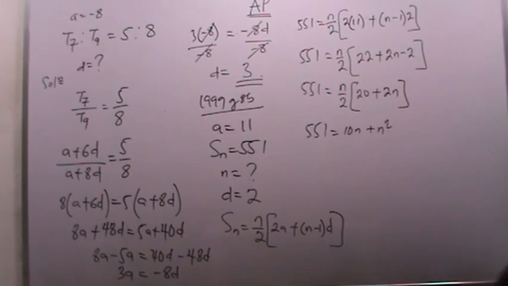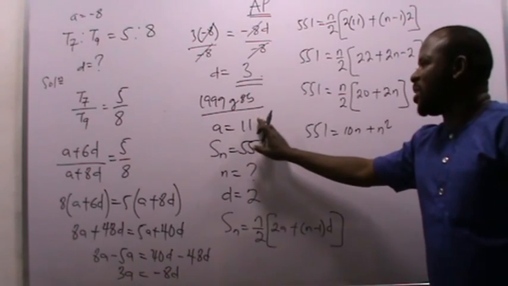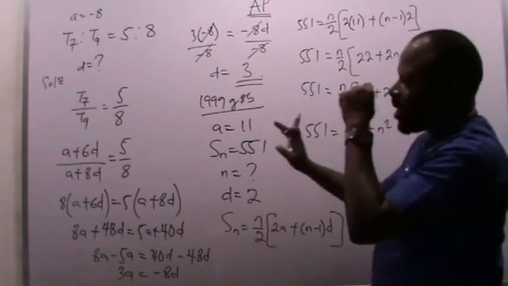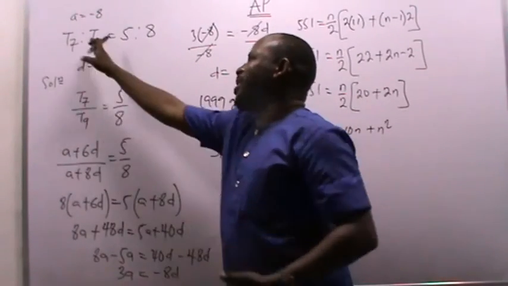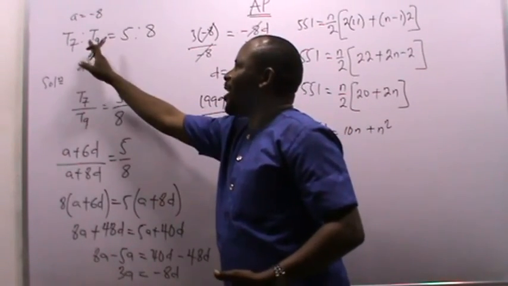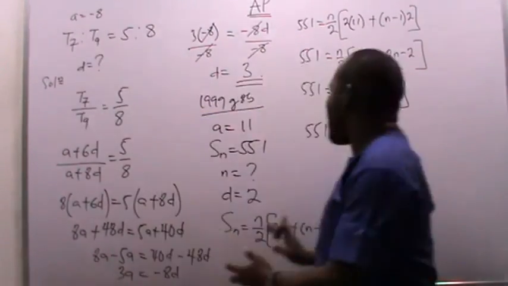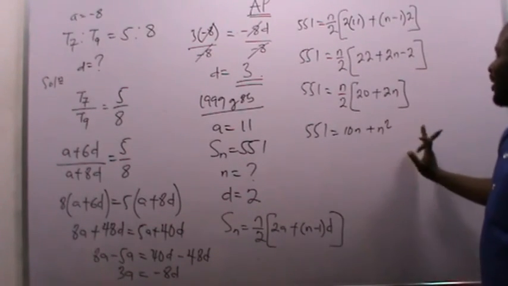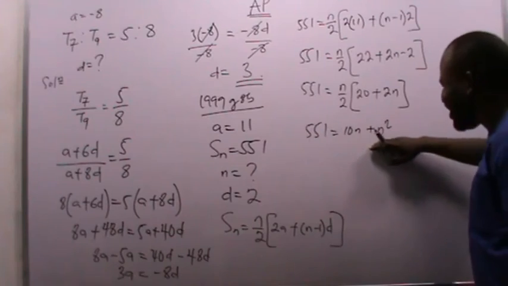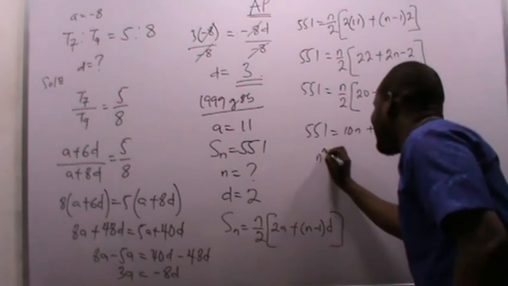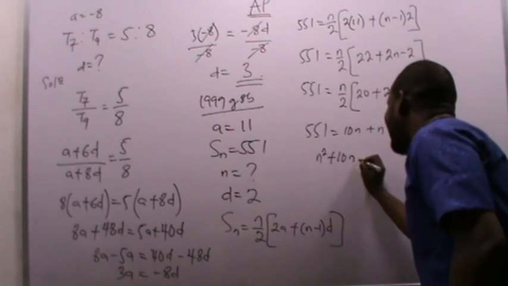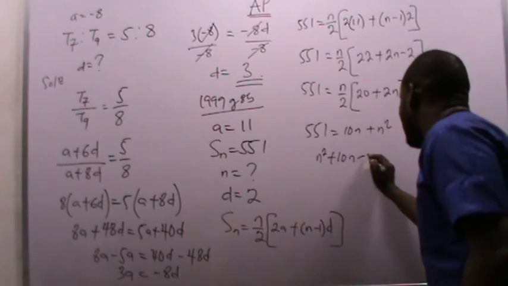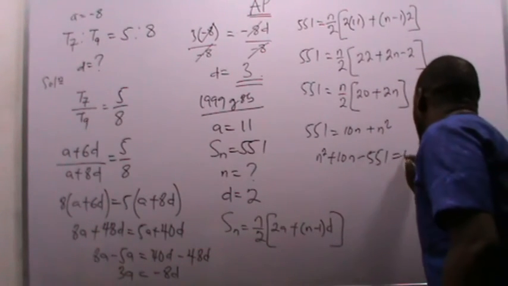You can imagine. We are solving a question under AP and we are getting to a what? A quadratic equation. The last time we solved a question under AP, we needed experience of fraction and what? And ratio. Now we are solving a question under AP, we need to know quadratic equation. If you rearrange this, what you have is n squared plus 10n minus 551 equals 0.